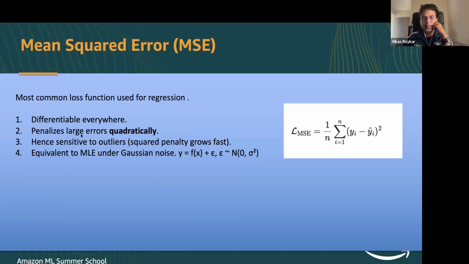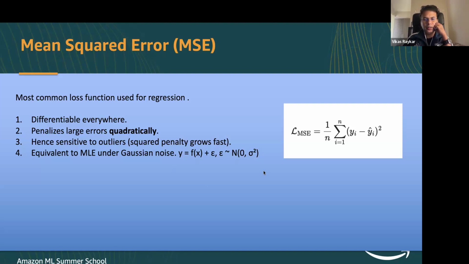It also penalizes large errors quadratically because of the square term. Hence it has one drawback, which is that it's sensitive to outliers. If you have a big outlier in your data, because of this penalty, the error due to the outlier dominates this loss function.